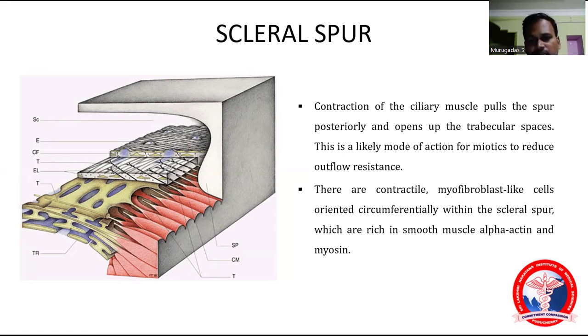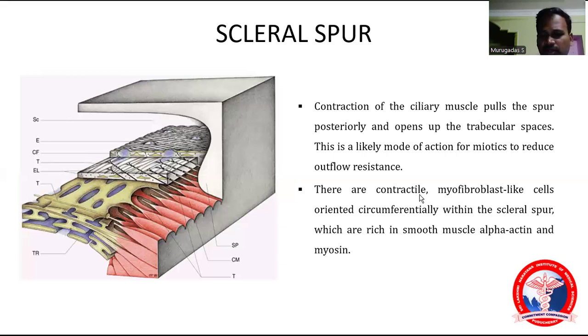This is most likely the action of pilocarpine when given as an anti-glaucoma medication. It causes miosis and has an effect on the ciliary muscle, and contraction of the ciliary muscle can pull the scleral spur and open up the pores of the trabeculae.